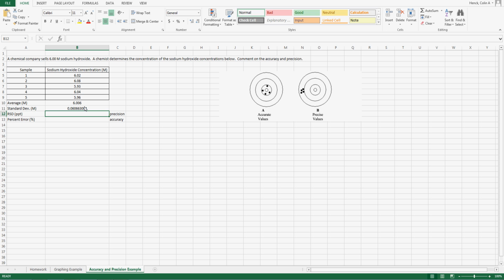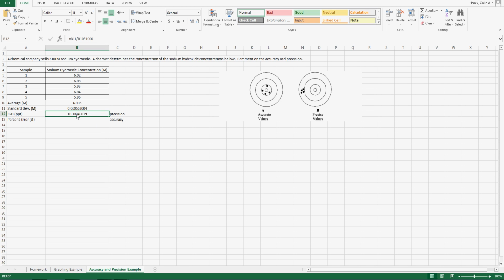So for the relative standard deviation, what you want to do is type in the equal sign, and it is equal to the standard deviation divided by the average times 1,000. And the reason for 1,000 is it's in parts per thousand. And here you'll see that our relative standard deviation is 10 point something.